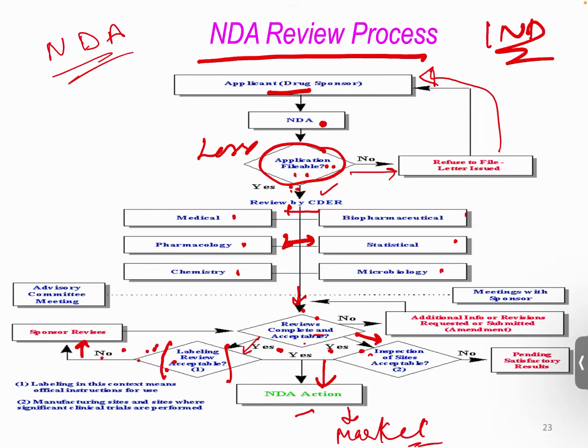Now inspection also: if there are inspection findings, they will issue it as pending for satisfactory review. The sponsor has to respond to the findings. If they find that the response is okay, they will accept it. If the response is not okay, they may not be satisfied.